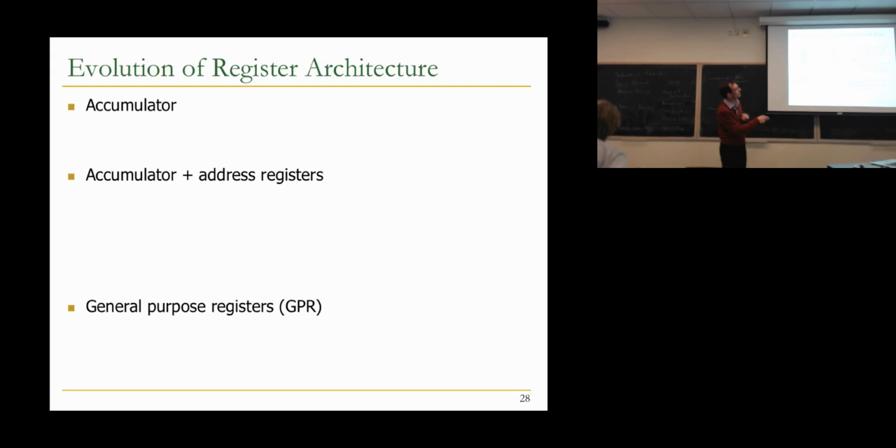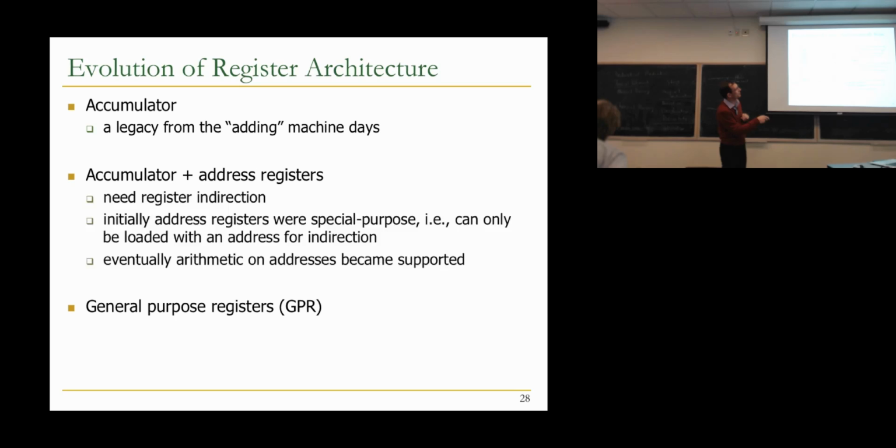And later, machines evolved by adding these address registers. Address registers have a very special purpose. The goal was to load from memory. They just kept addresses to load a value from the address specified by the address register into the accumulator. And eventually, they actually supported arithmetic on addresses.